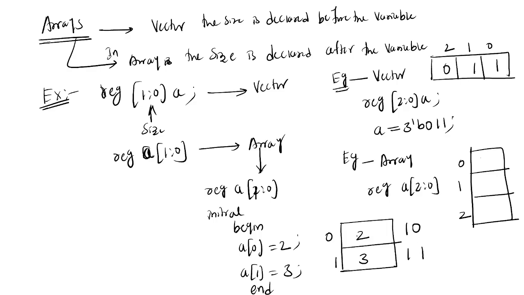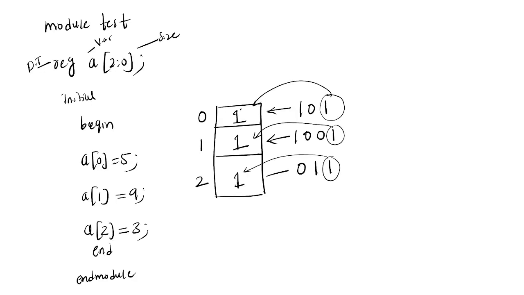Sorry, 0 will be stored, and for this 1, 1 will be stored. As reg is a 1 bit data type, only 1 bit will be stored in the array, the least significant bit, the LSB. Is it fine?